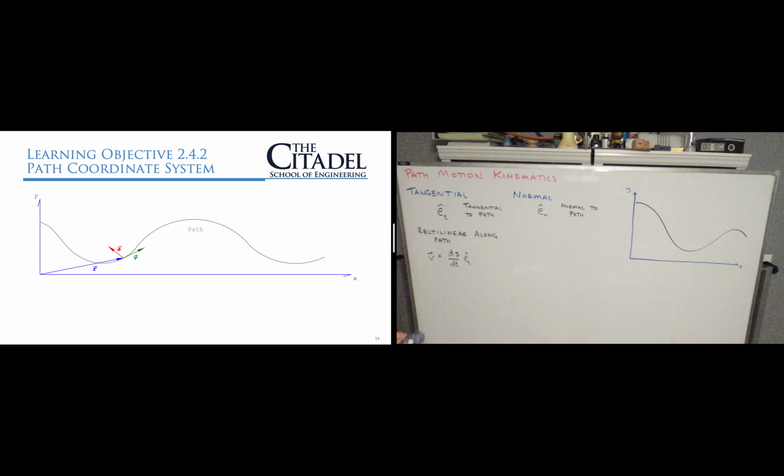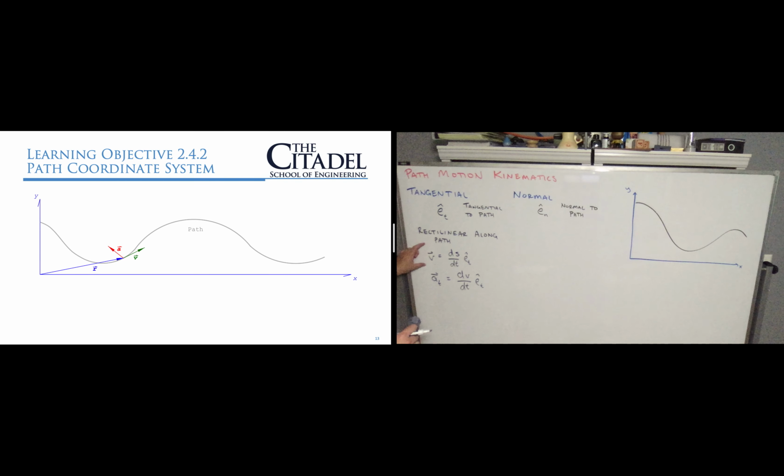Now when we think of the acceleration, the tangential portion of the acceleration is going to be the same rectilinear relationship we've talked about before. That's pretty easy in the grand scheme of things, because this is exactly what we've done before.